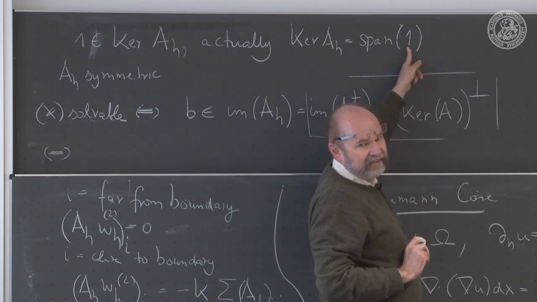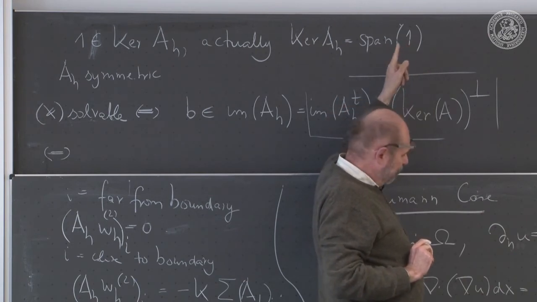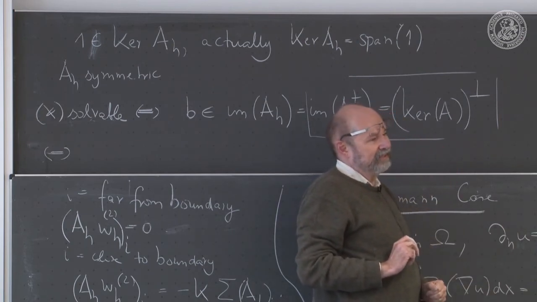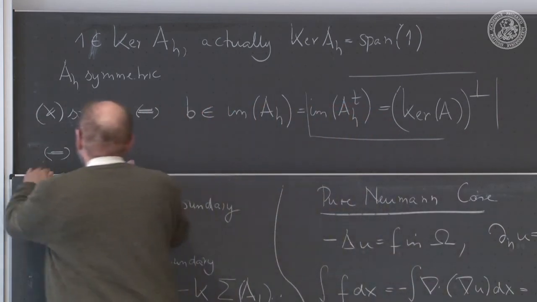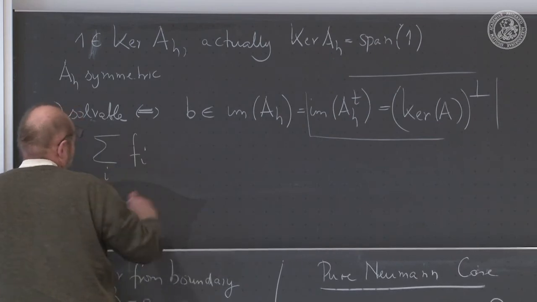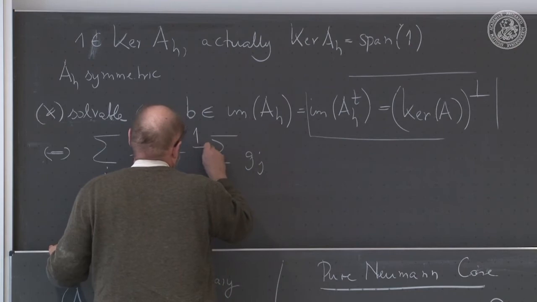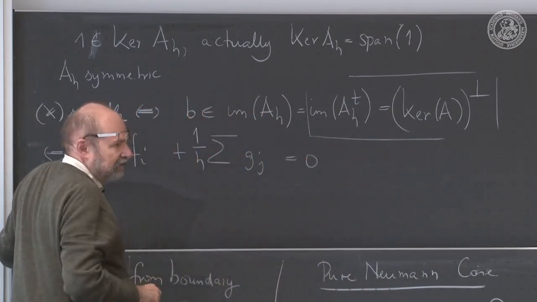Orthogonal to the identity 1 vector. What does that mean? I have to be able to add up all the quantities on the right-hand side and have to get a 0. That means I have to sum over the f values, and I have to sum over all the g values, and I get a 0. That is the requirement. Okay?